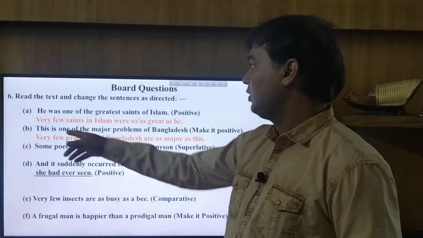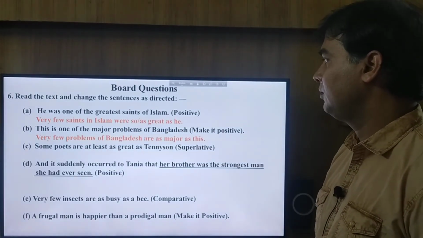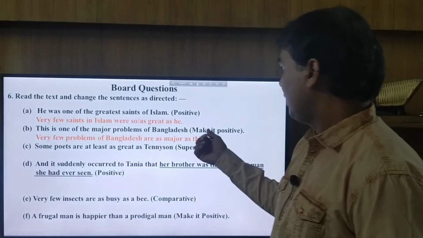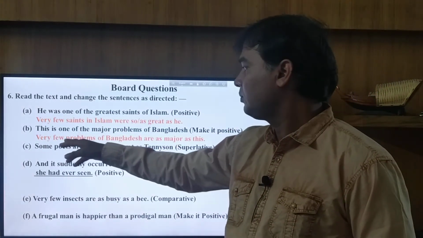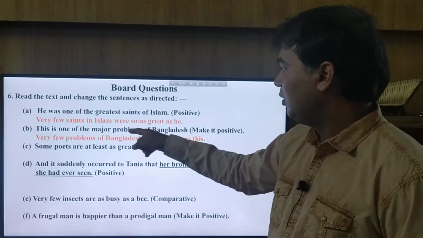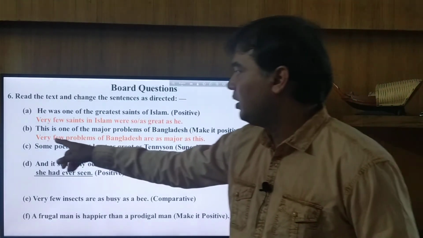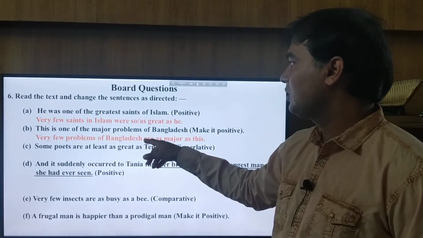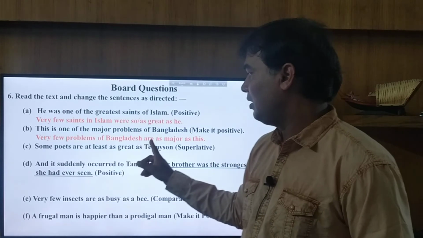So the answer is, very few saints of Islam were so great as he. Now the next one. This is one of the major problems of Bangladesh. Make it positive. Again, one of the. So you can start with very few, then comparable object, problems of Bangladesh, very few problems of Bangladesh, and then you have to use the auxiliary verb are.